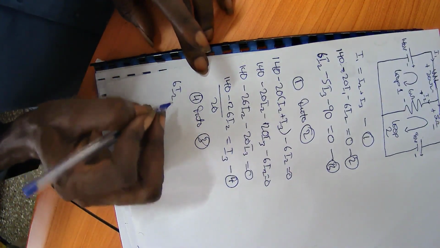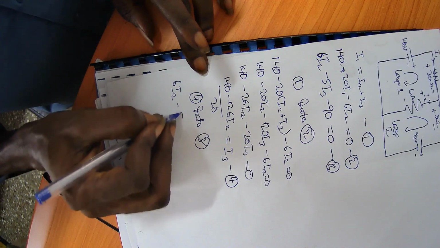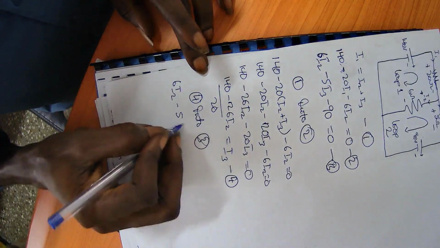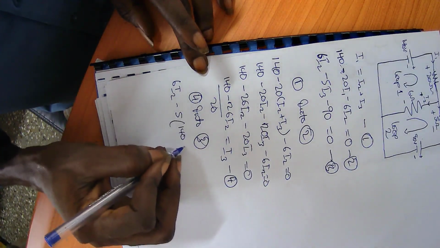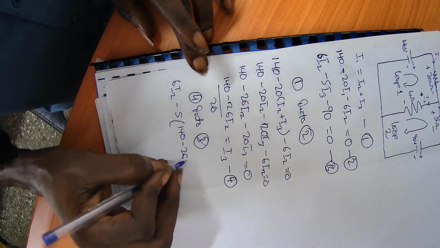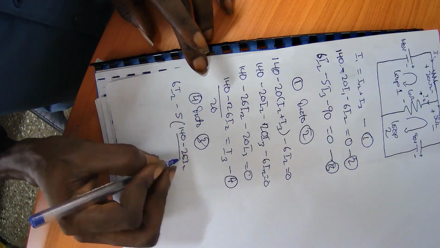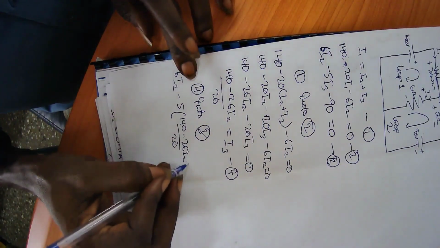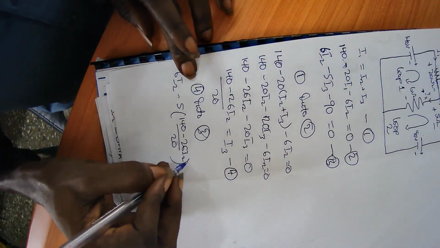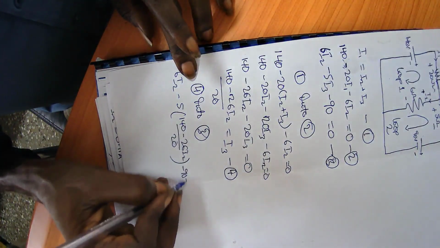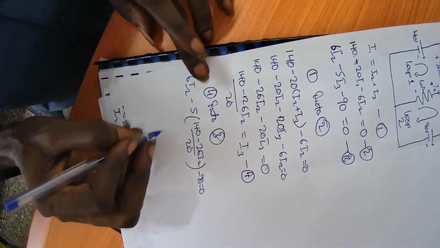So 6 I2 minus 5 times 140 minus 26 I2 over 20, minus 90 is equal to 0.